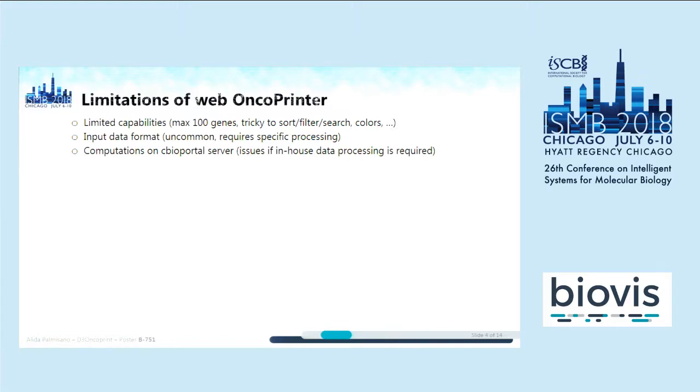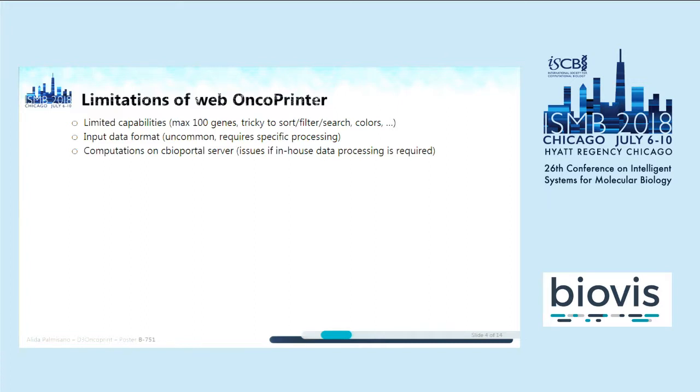And in particular, with our specific data set, there are two problems. First of all, the format is not directly the output of a bioinformatics pipeline, like a VCF file. It is a specific format that they need to create for the interface. And also, you have to upload your data, which is something that not all researchers want to do, especially at the beginning of their study.